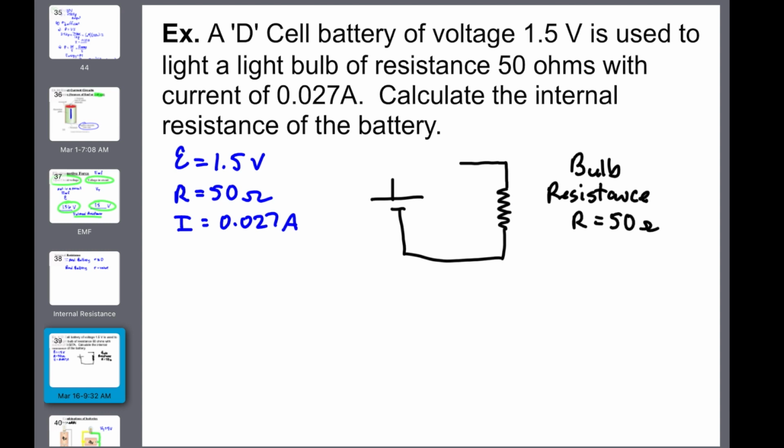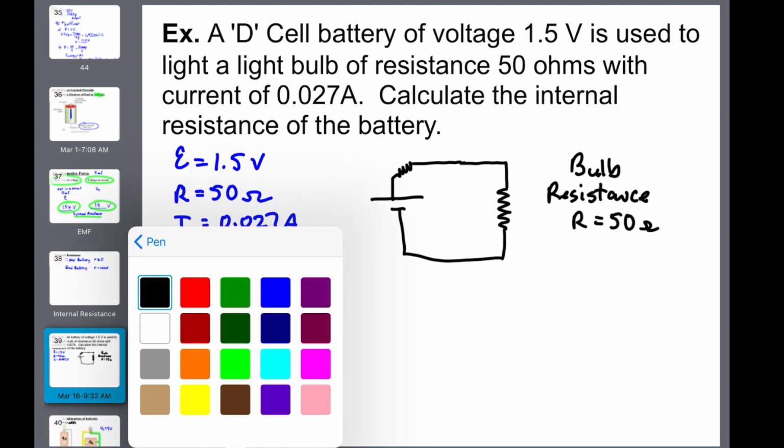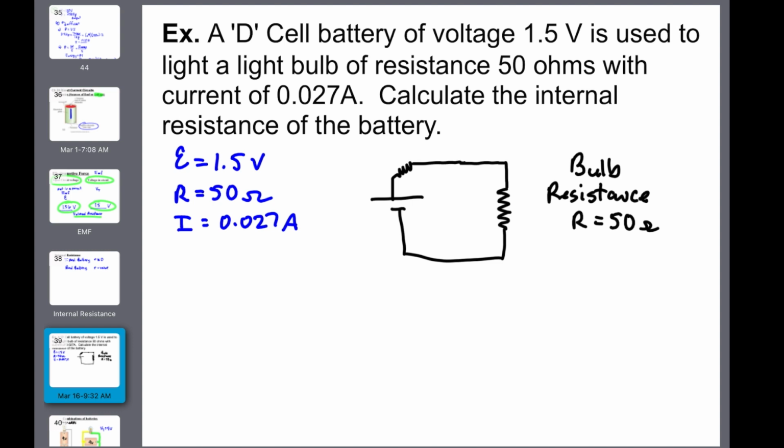You have an internal resistance. Internal resistance is generally drawn as a little resistor on a diagonal, and so then your battery would be this entire section right there with an internal resistance.